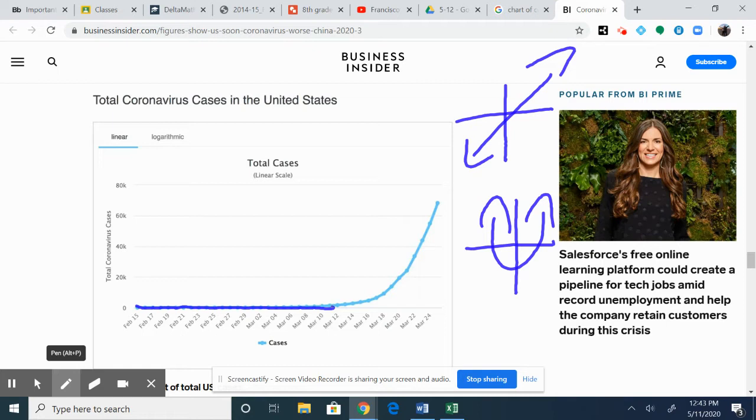But then all of a sudden, around the time the schools had to close, they start going up really fast. We call that exponential growth, and that's the reason why we have a line like this. It starts off really slow, but then there comes a point where it starts growing very fast, and that's an exponential function.